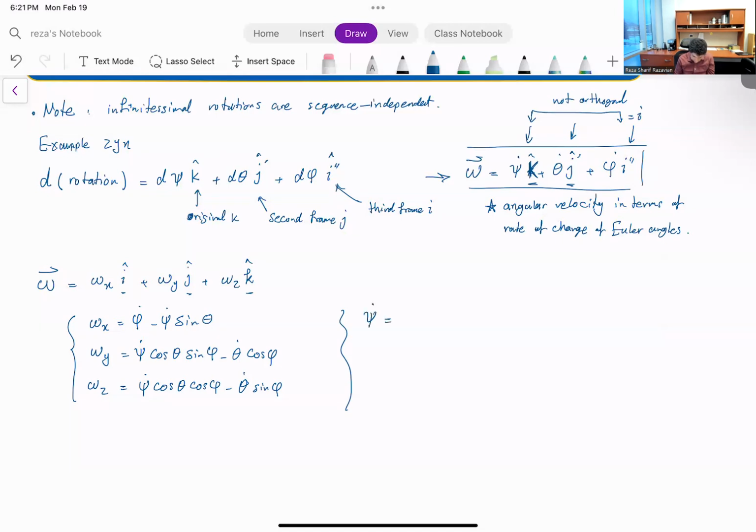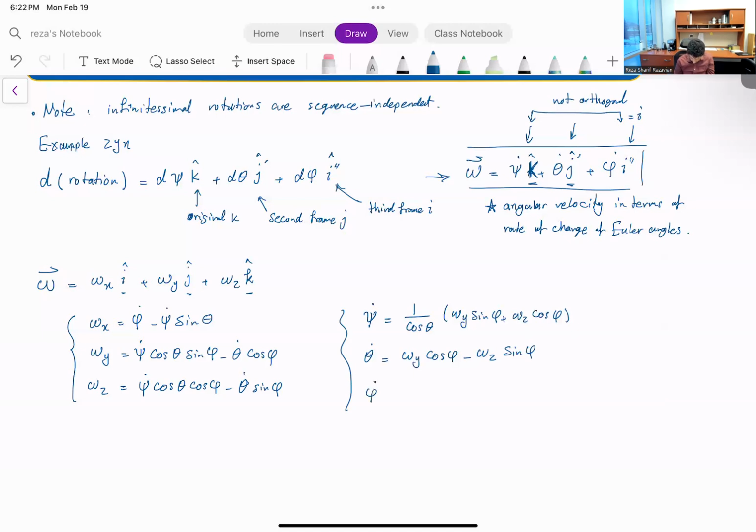Psi dot is 1 over cosine of theta times omega y sine of phi plus omega z cosine of phi. Theta dot is omega y cosine of phi minus omega z sine of phi.